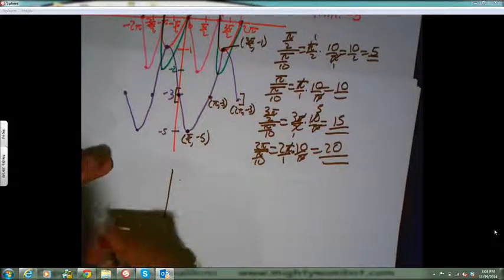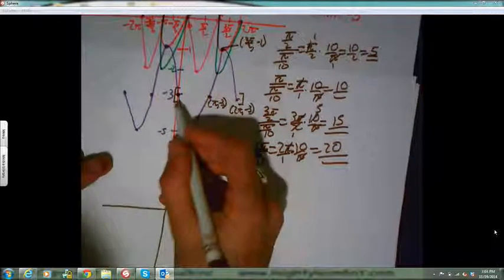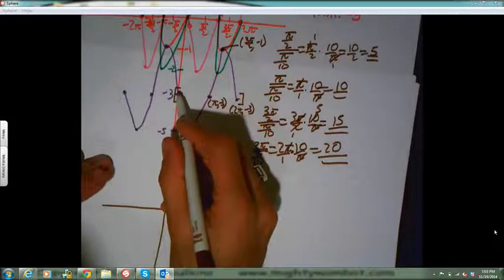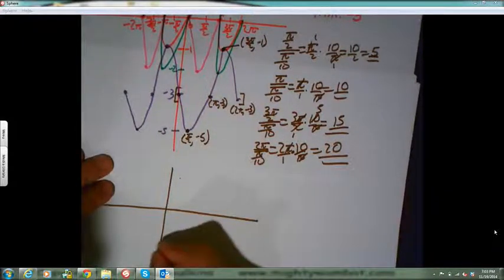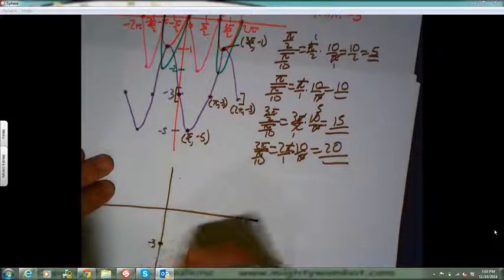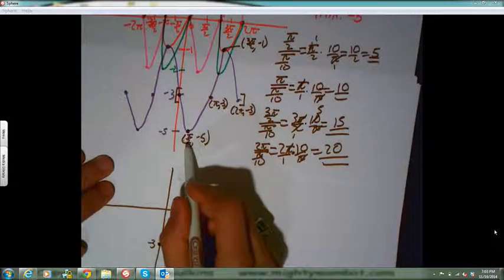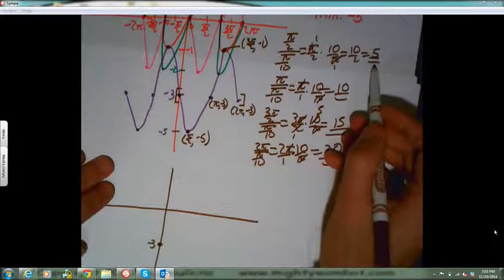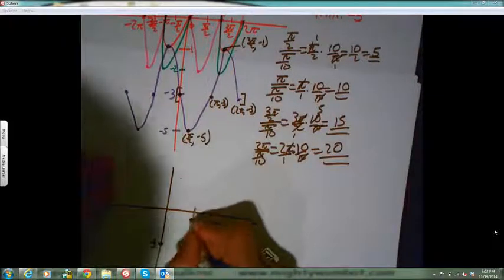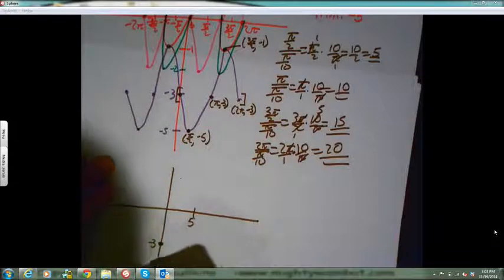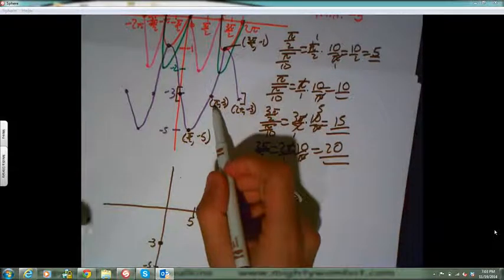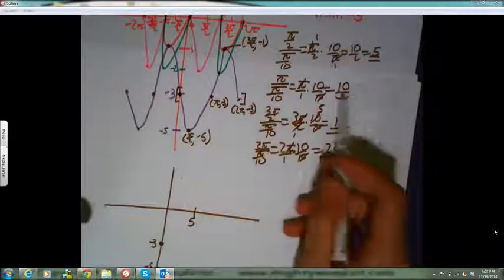Here we had the point 0, negative 3, right here. Here we had the point pi over 2, comma, negative 5. Now it is 5, comma, negative 5. So let's make this axis 5, negative 5. The next point was pi, negative 3, but the pi became 10, so it's 10, negative 3.